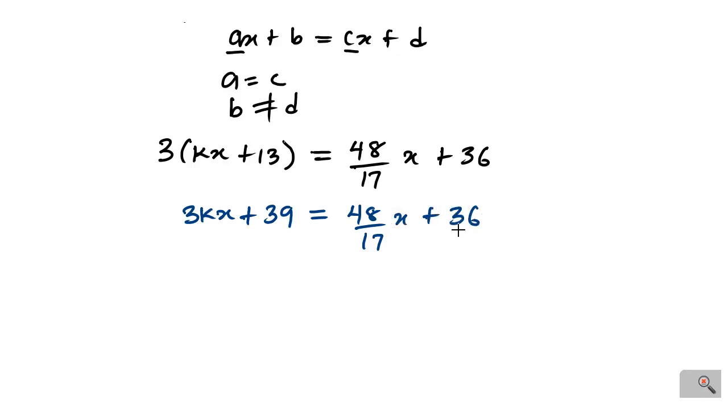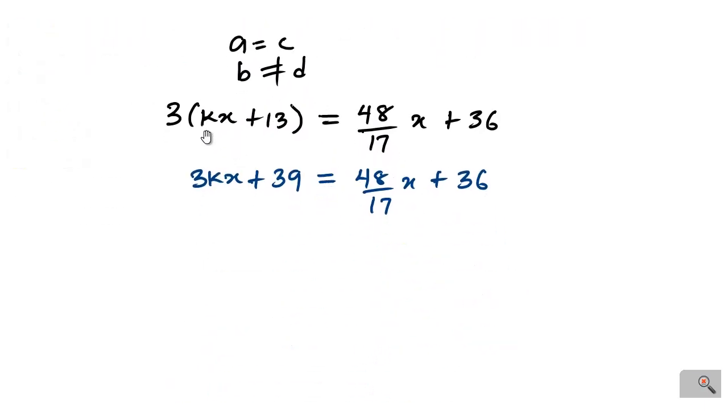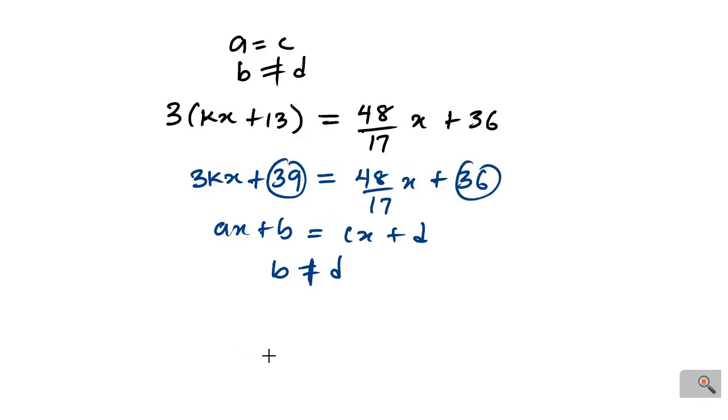Now we have to be very careful. If we compare it with the condition I stated, ax plus b is equal to cx plus d, it is obvious that b is not equal to d, that is 39 is not equal to 36, but a must be equal to c.